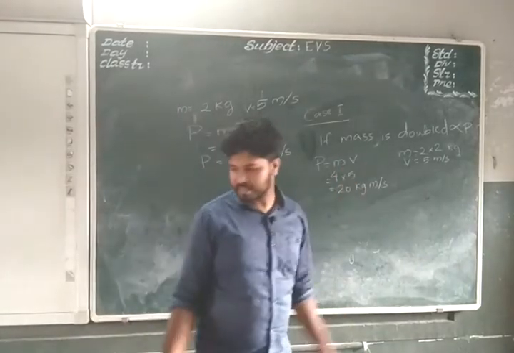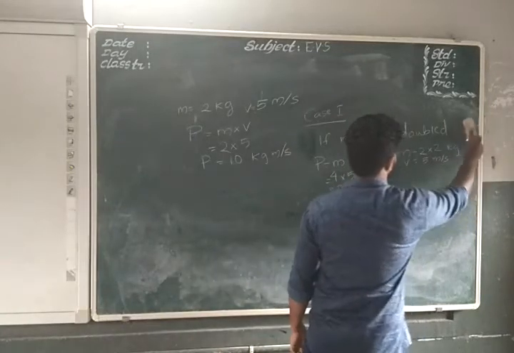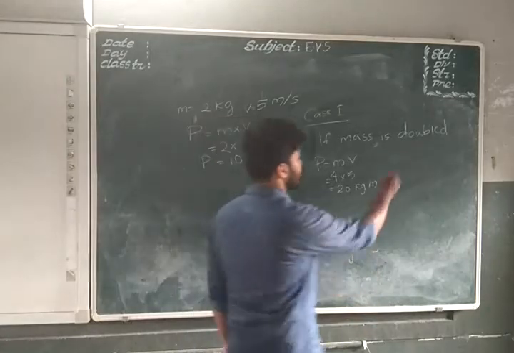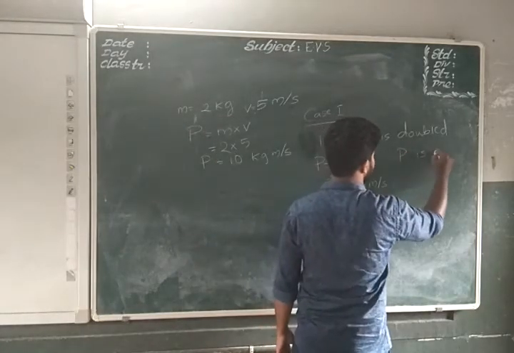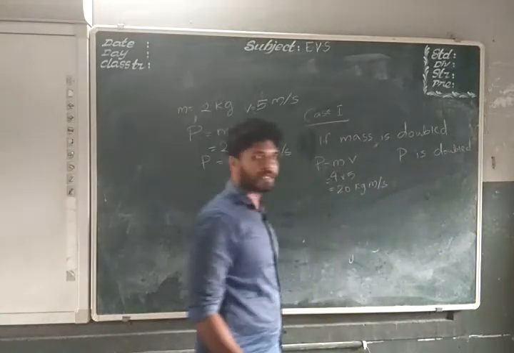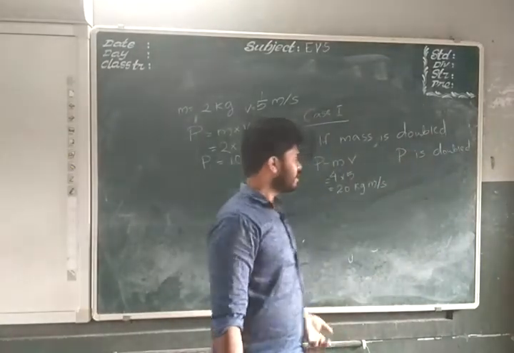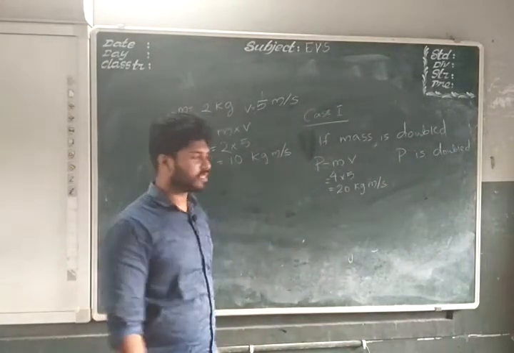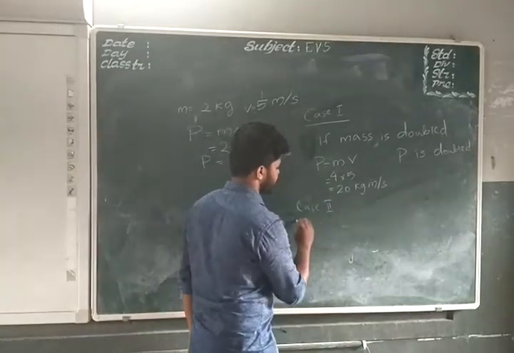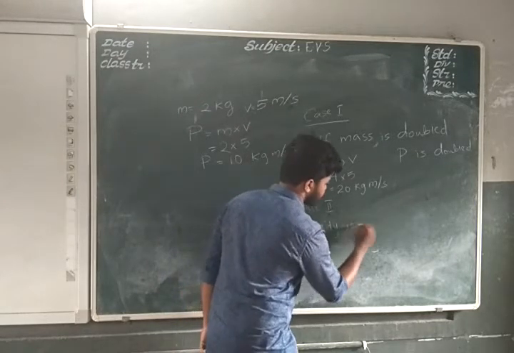So mass is directly proportional to momentum. If the mass is doubled, linear momentum is doubled. Now we can check what happens if velocity is doubled. That is case 2, if velocity is doubled.